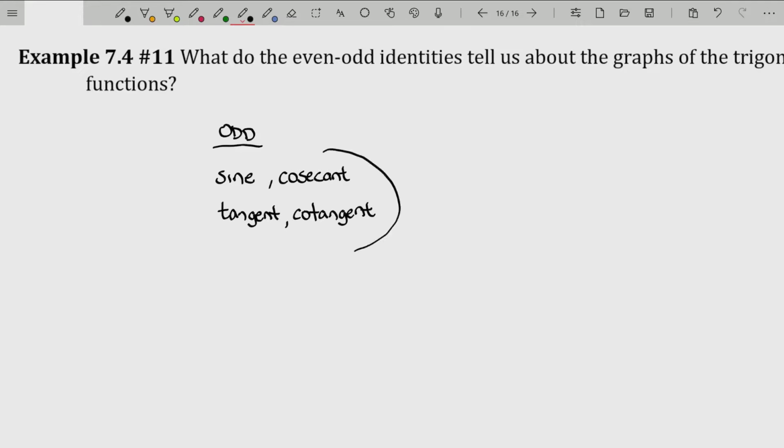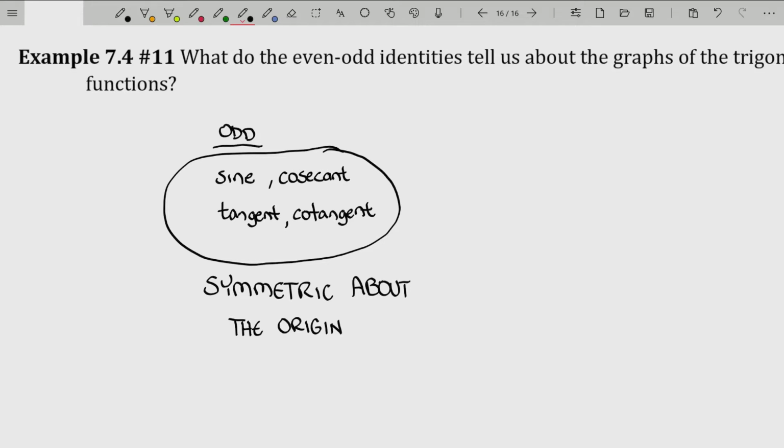So all of these functions right here, if we know how to graph them, they're going to be symmetric about the origin, which is super helpful with graphing, because that means that if you have an infinite graph, or something that goes on forever on both sides, if you know your function's symmetric about the origin, then you only need to graph one half of it, and you can copy that half over to the other side by rotating about the origin. That's going to be very helpful as you move through mathematics.